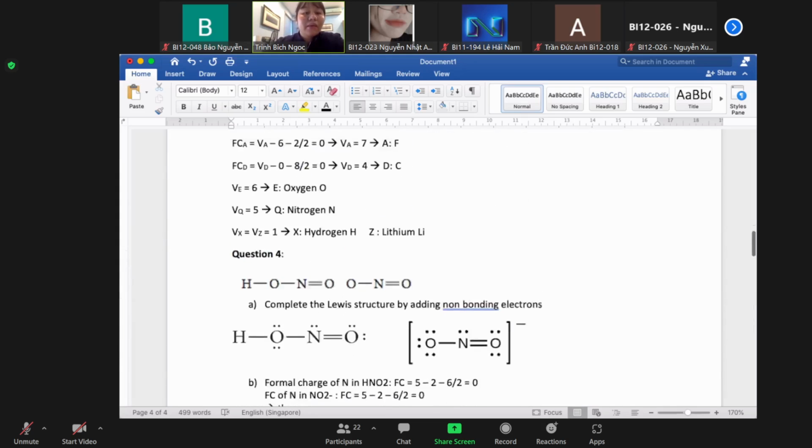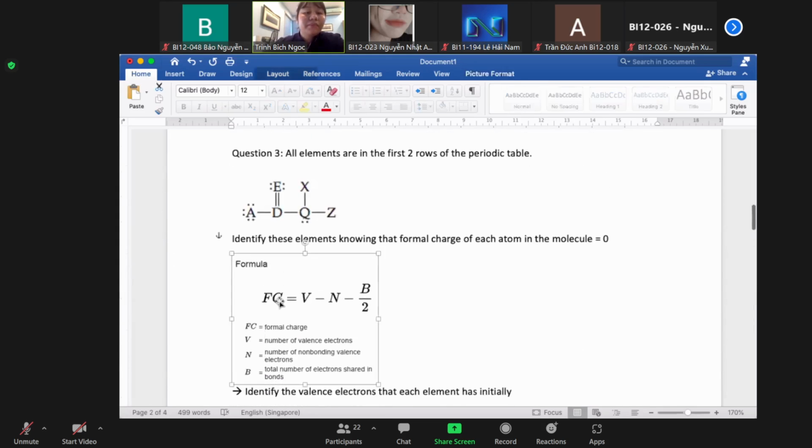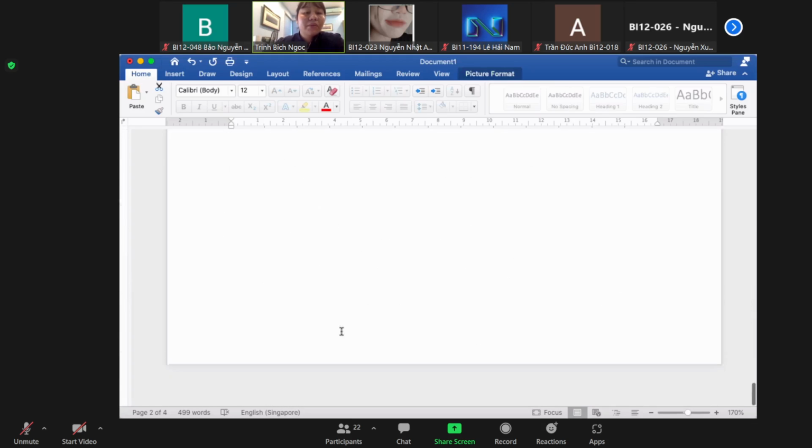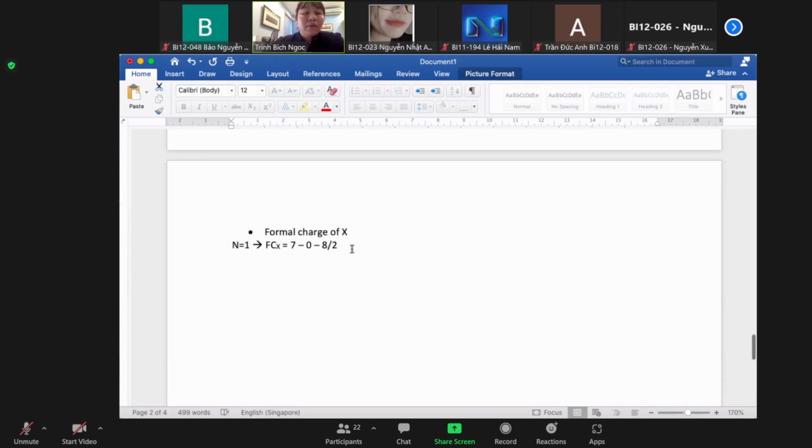You remember this formula? V minus N minus B divided by 2. And then equal to? 3 plus.